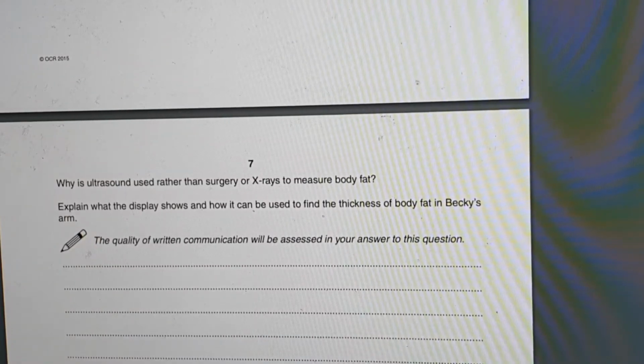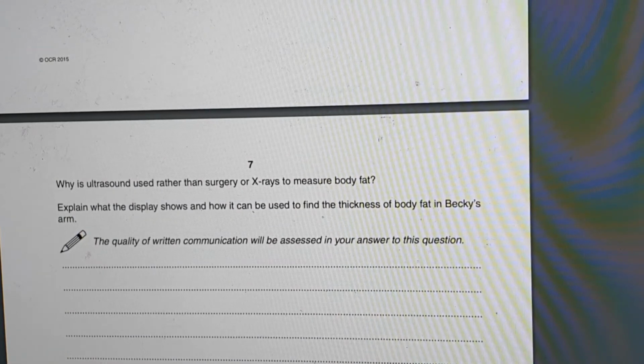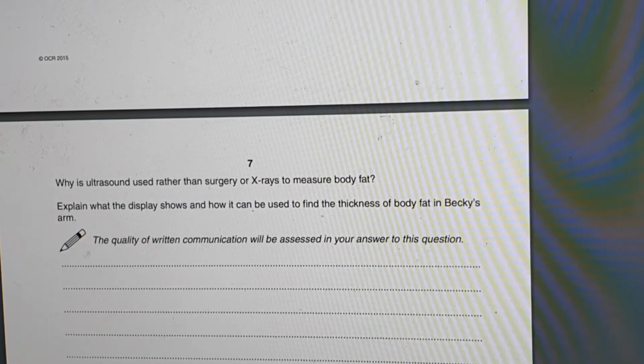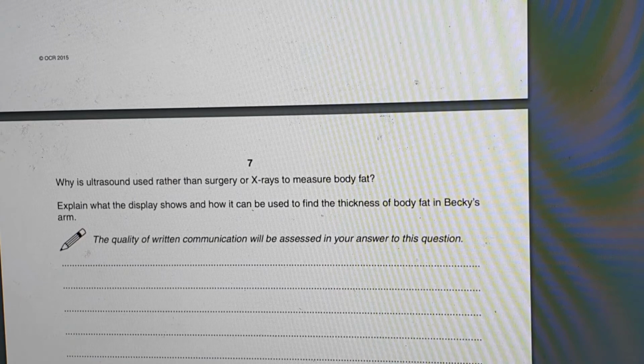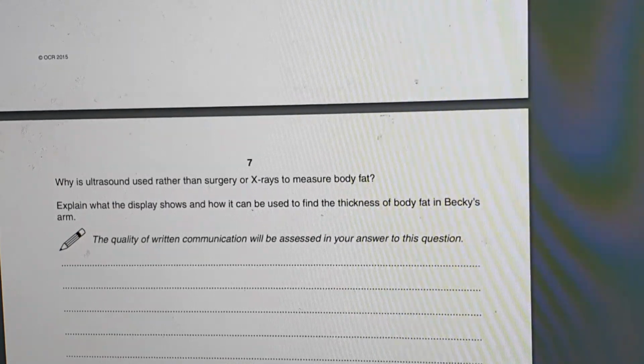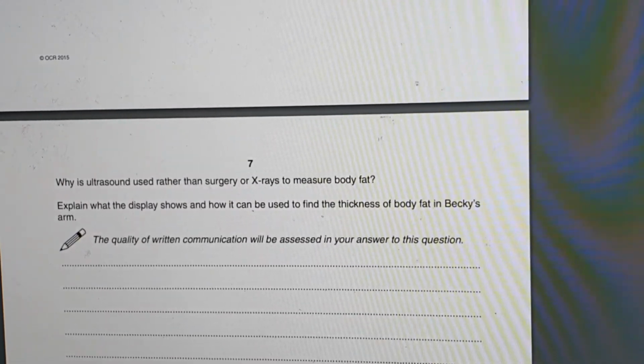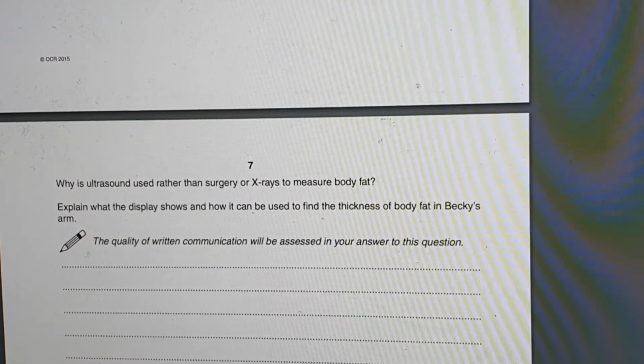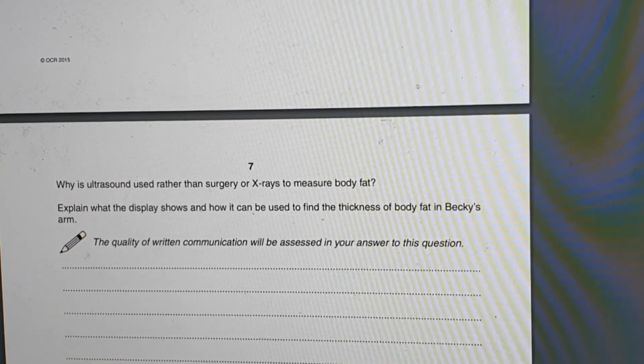All right, so we've explained what the display shows. Why is ultrasound used rather than surgery or x-rays to measure body fat? What's the advantage of using ultrasound? Ultrasound is non-invasive. You can say it is non-ionizing because ultrasound is just a pressure wave; there's no radiation involved.